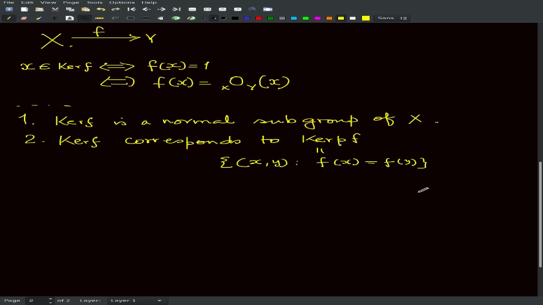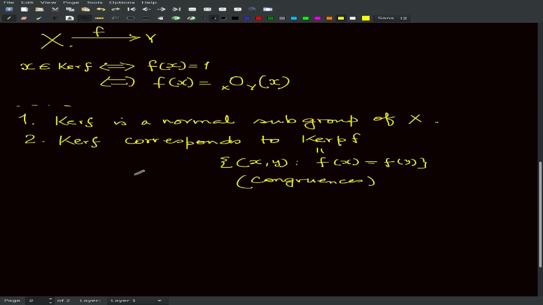And this correspondence is much deeper, and it goes a little more into group theory to say about this. These are called congruences. And congruences are special kind of equivalence relations.